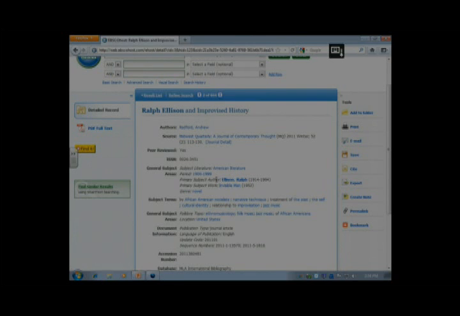Now, your primary subject author, note again that they've gone surname first, and this will take you to anything that they've got by Ralph Ellison. If it's a chapter, maybe one of his short stories was published in a journal that this database has in its holdings, so that's clickable as well. Like I say, you can actually get the database to do some legwork for you, or even just use it to provide alternate terms if you're having a bit of trouble searching.